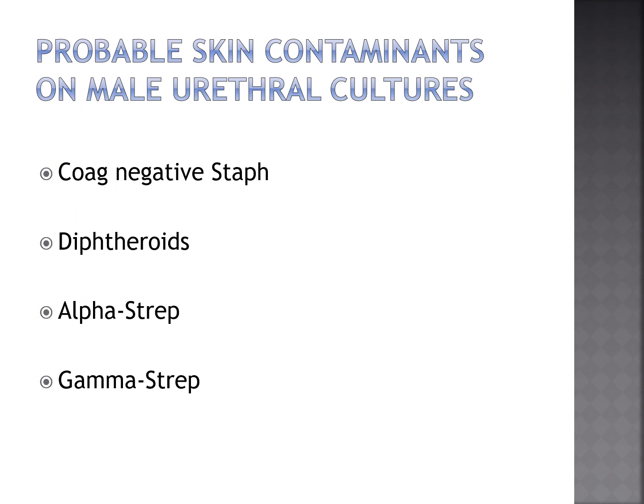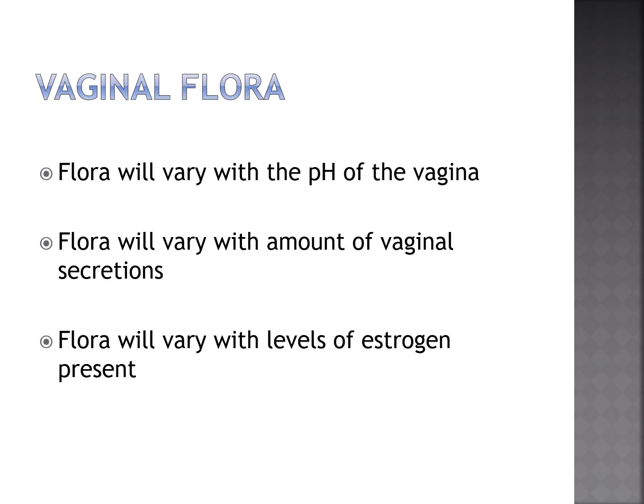Some probable skin contaminants in male urethral cultures would be coag-negative staph, diphtheroids, alpha streps, and gamma streps. In endocervical swabs, we often pick up normal vaginal flora, and that flora varies depending on the pH of the vagina.